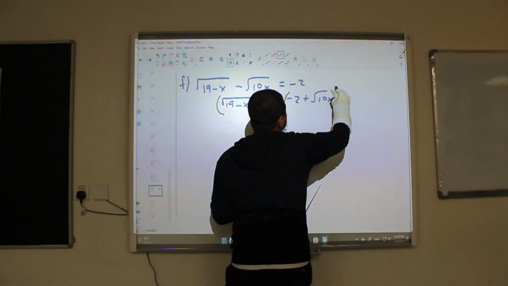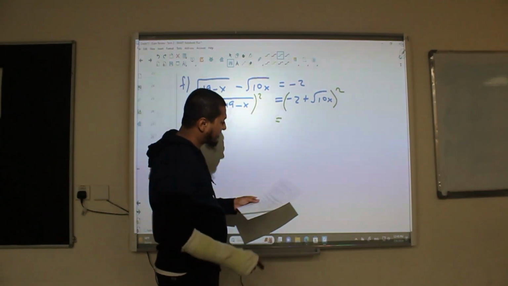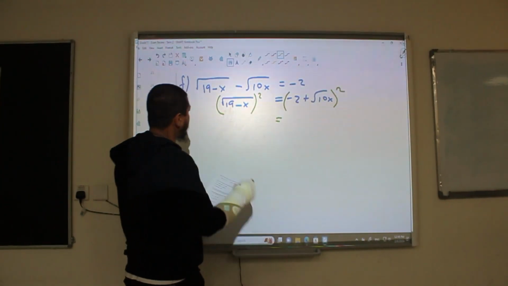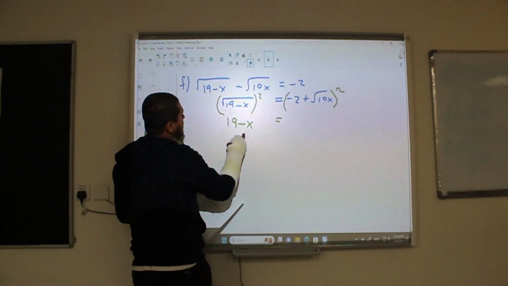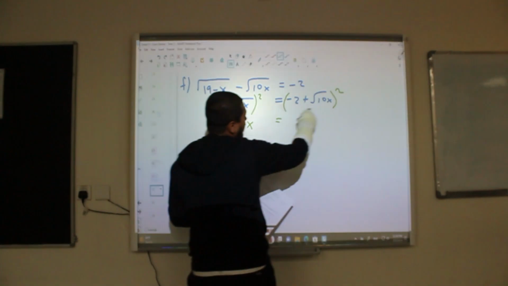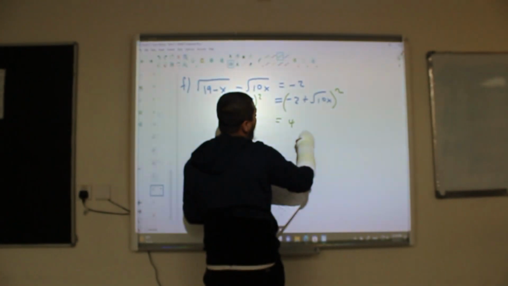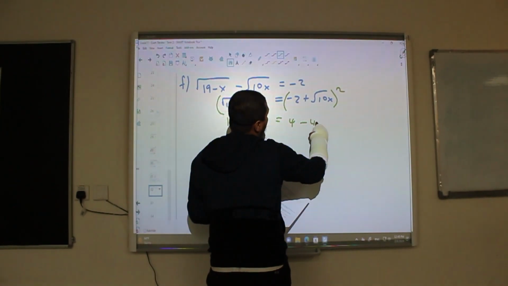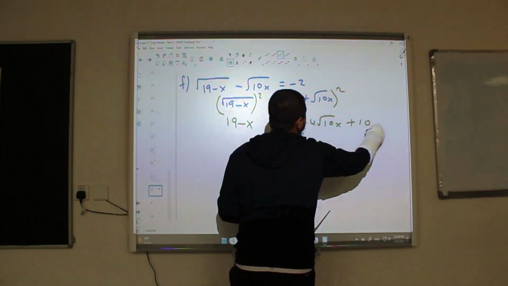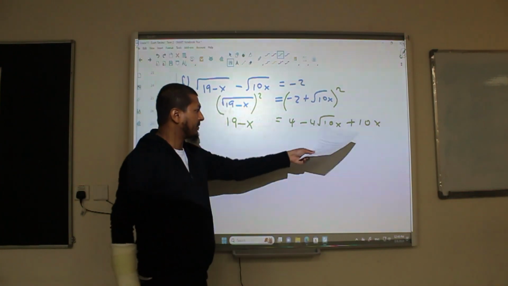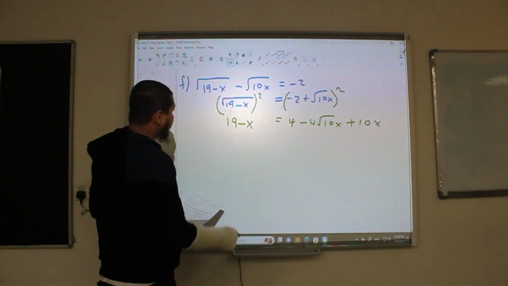As I explained before, we have done it in detail, so I'm just going to write down the solutions quickly. So we have 19 minus x because we are just squaring the square root, but over here we're squaring a binomial. So we got 4 minus 4 root 10x plus 10x, 2ab the middle term, and the last term b squared.